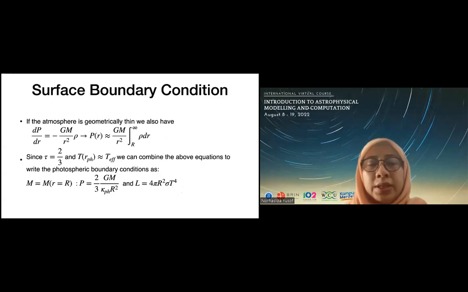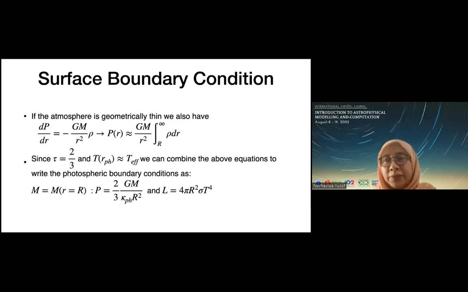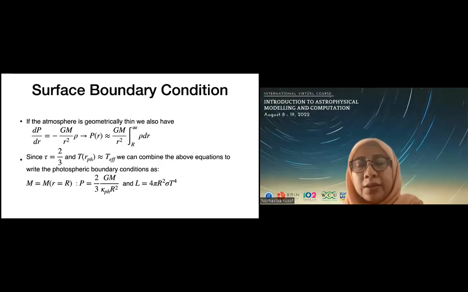Here our optical depth is around 2/3, which is quite small. Our temperature at the surface is what we call the effective temperature, the one people always deduce from the isochrone or from observation, for example. From there, we can combine these two equations and rewrite the photospheric boundary condition in terms of the mass.